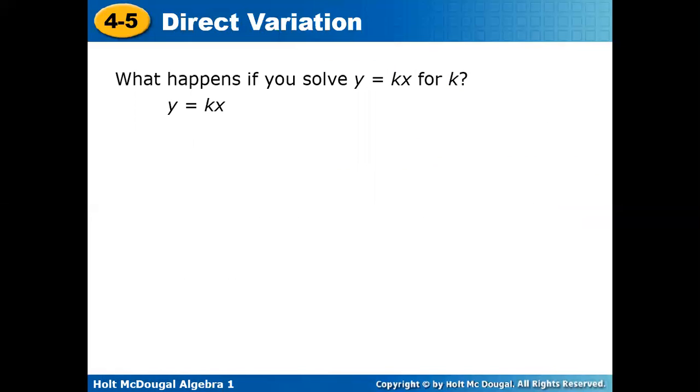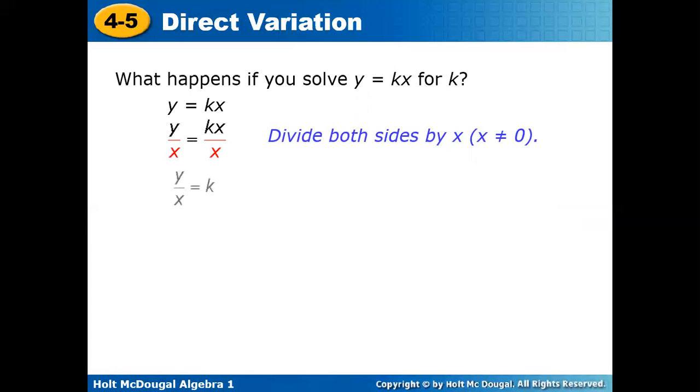Now, what happens if you solve y equals kx for k? Means to make k alone. So we will divide both sides by x. So this constant of variation, you can find it by dividing y over x.